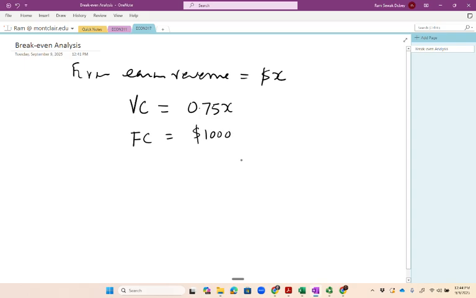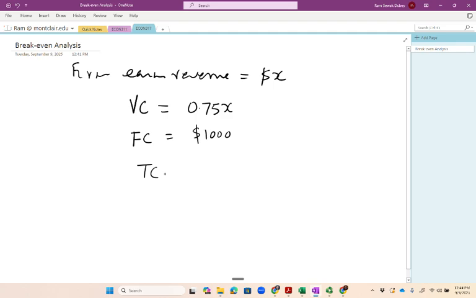With this information, we need to find out what's the break-even level of revenue, which means we want to find out the revenue X dollars such that it is exactly equal to the total cost.